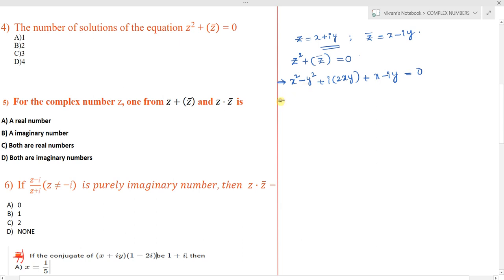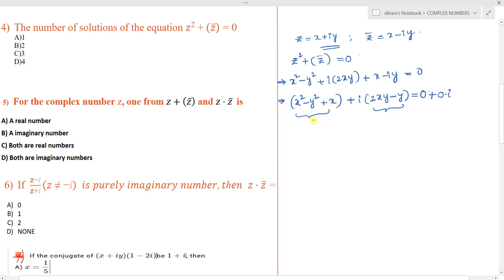Separate the real and imaginary parts. Then we get x square minus y square plus x as the real part, and the imaginary part is i times (2xy minus y), equals 0. Remember that in complex numbers, always try to separate the real and imaginary parts. Do not take x and y as common. This equals 0 plus 0i.